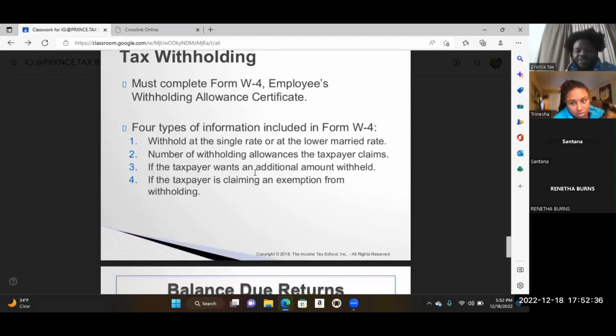All right, so if a taxpayer is claiming an exemption from withholdings, these are people who claim tax exempt. First of all, there's nothing wrong with you going tax exempt. None at all. There is something wrong with you going tax exempt for the whole year.